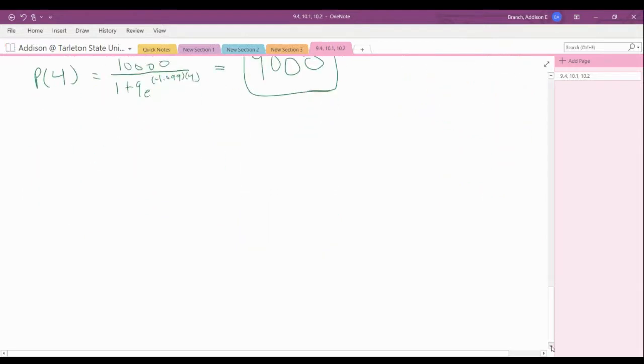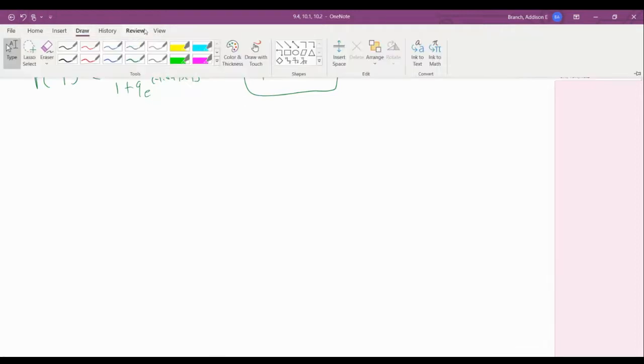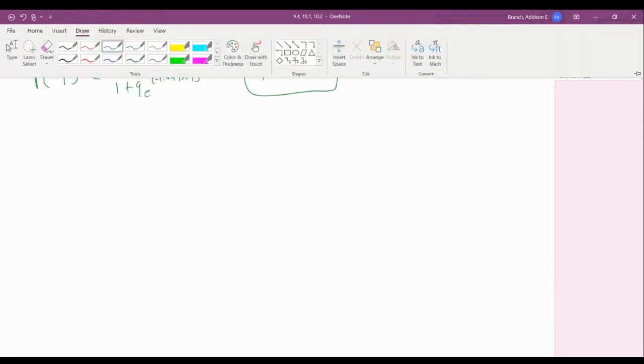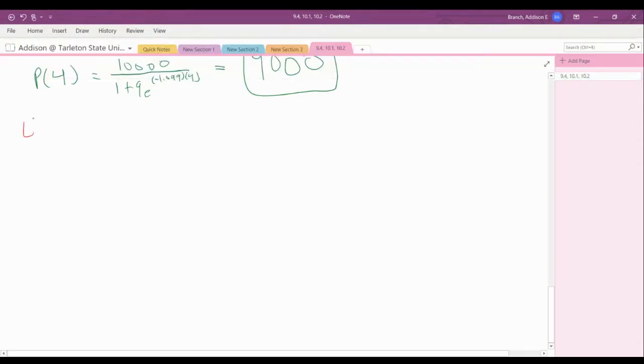So let's go ahead and try another example with the logistic model. This may be a different type of question they may give you. So for this one, they give us the equation dp over dt is equal to 0.4 p minus 0.001 p squared.